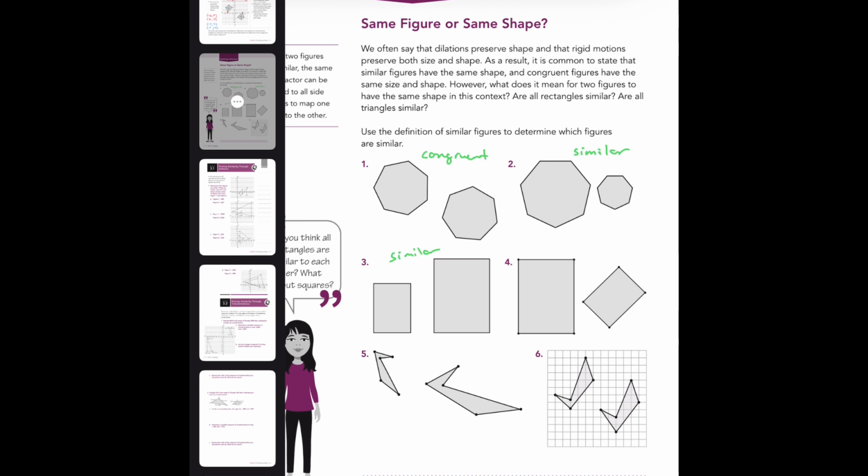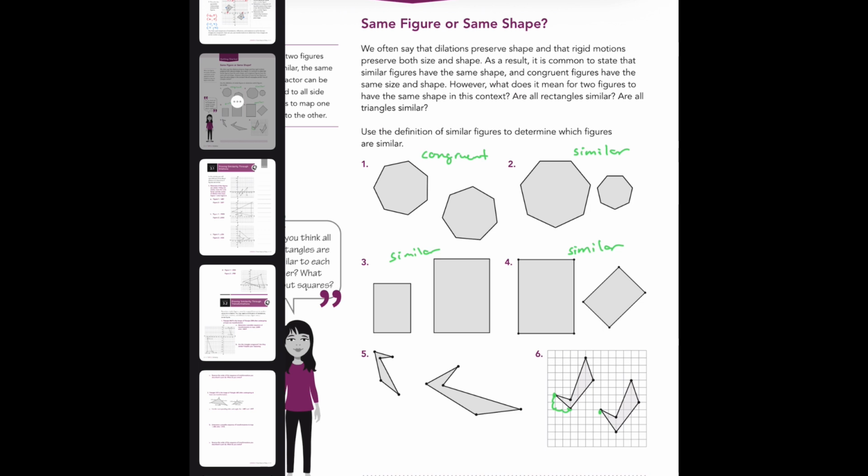Not only is it similar, they've taken that figure, made it smaller, dilated it smaller, but it's also had a rotation too, but it is similar if we measure the side lengths and see that they are in proportion to each other. Okay, I'm going to skip down to 6, and we would see if we measured those side lengths, say from here to here, that's going down 2 units, right 2 units.